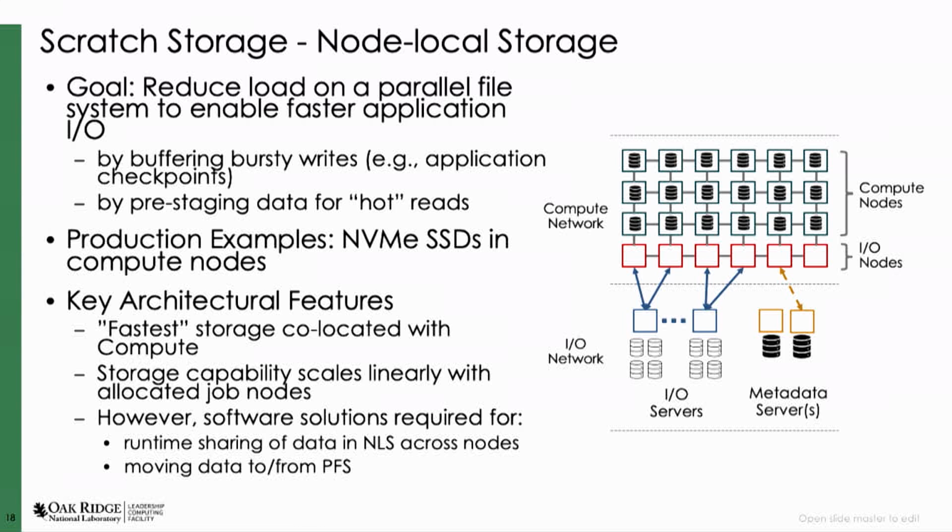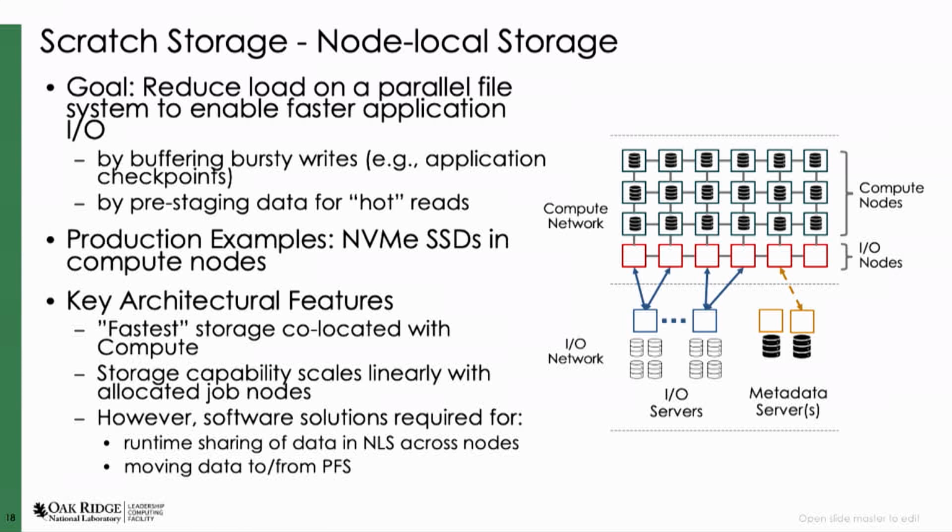The goal is the same. We're trying to reduce the load on the parallel file system by redirecting I/O operations to something that's faster. And in this case, it's really fast because it's local to the system. The downside is this architecturally is not a shared file system.